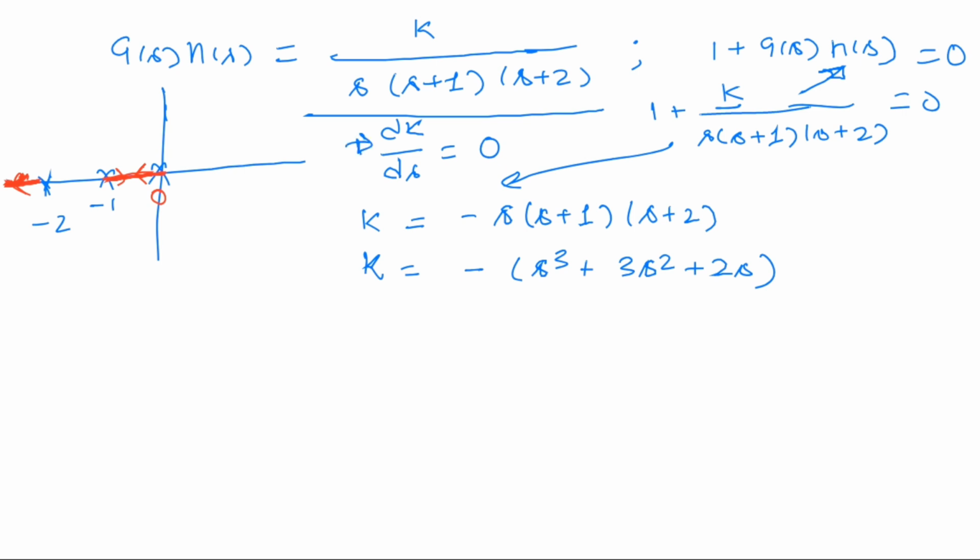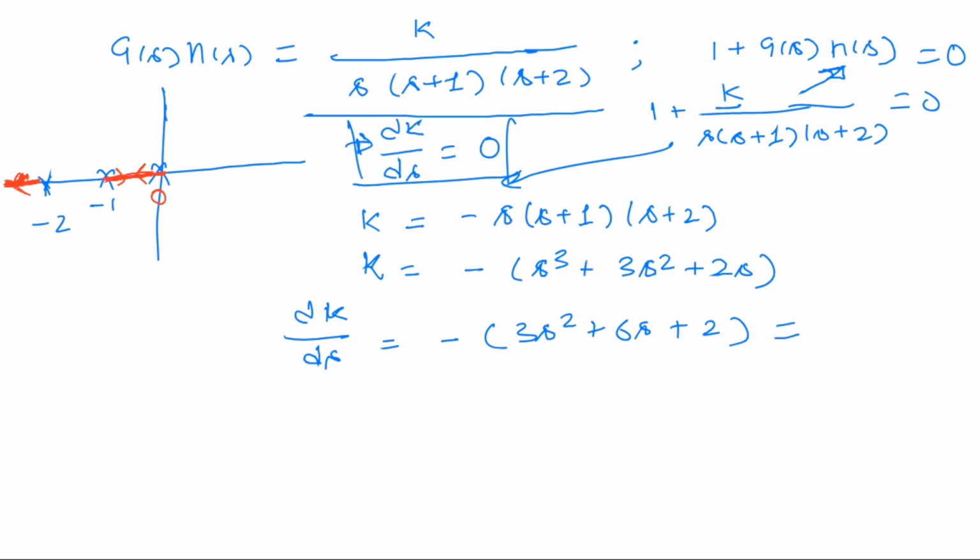So let's differentiate this equation, and we get dK by ds equals minus of 3s squared plus 6s plus 2, and we put this equation equal to 0.